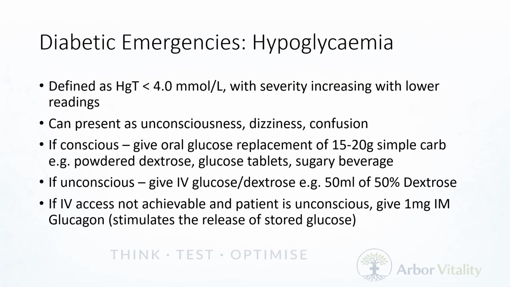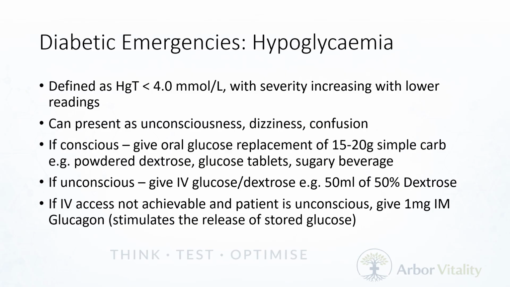And then hypoglycemia, which is the other end of the spectrum. It is defined as glucose less than 4, with severity of the presentation increasing the lower the glucose goes. People normally present unconscious, dizzy, confused. If they are conscious, you can give oral glucose replacement of 15 to 20 grams of a simple carb: powdered dextrose, sugary cool drinks, glucose tablets.